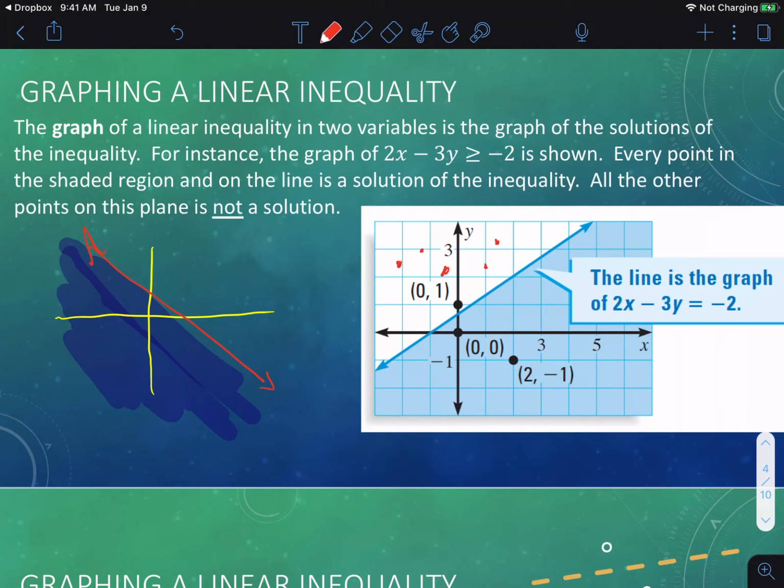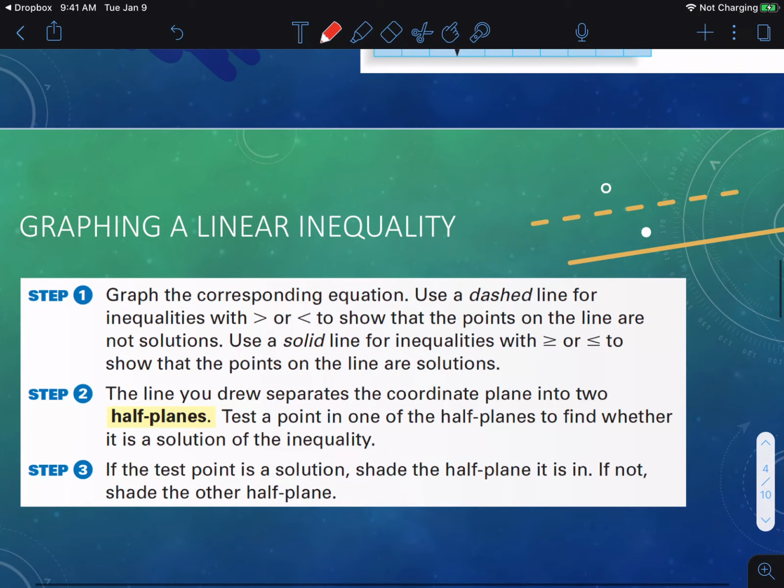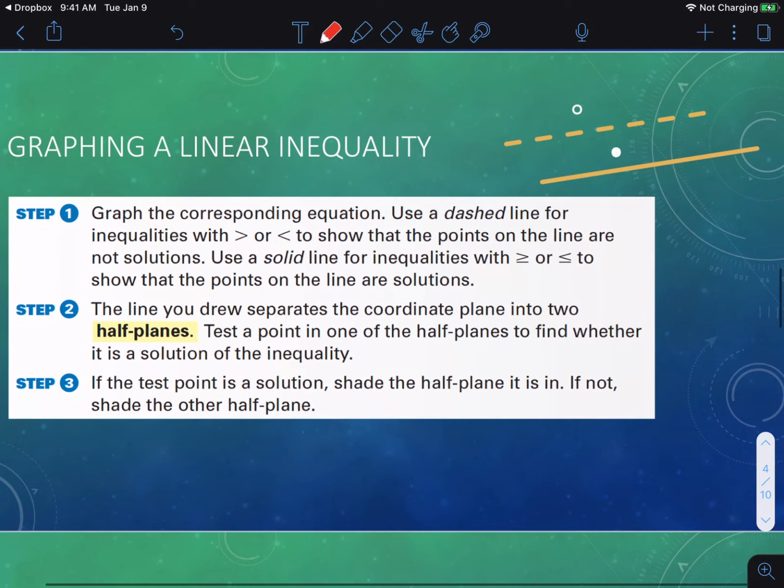I want to take this a little further into what it means to graph a linear inequality. Step one, when you're graphing a linear inequality, you're focusing on the equation of the line. So the first thing is you graph the corresponding equation, as though it is an equation. Then you use dashed lines when you're dealing with greater than only or less than only, to show that the points on the line are not solutions.